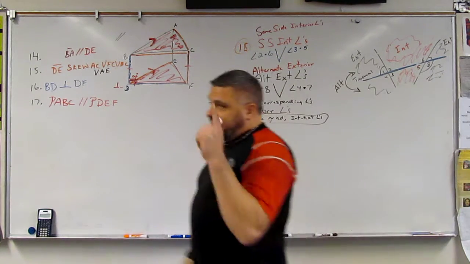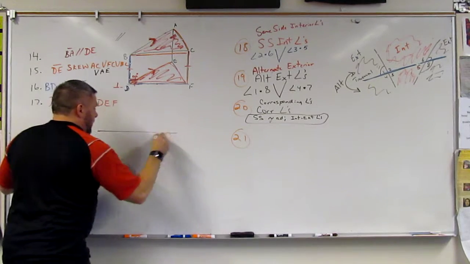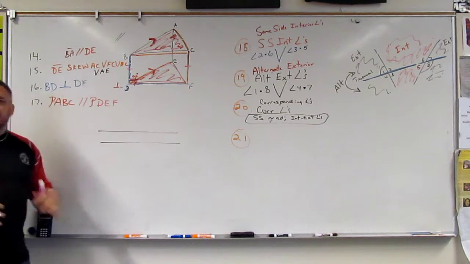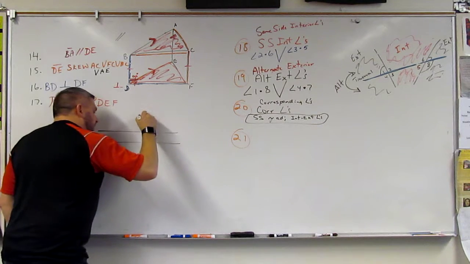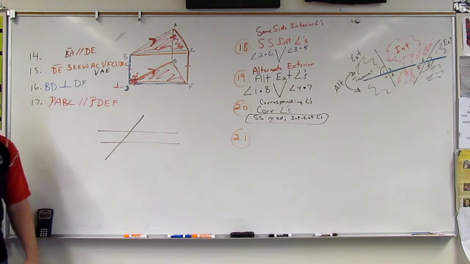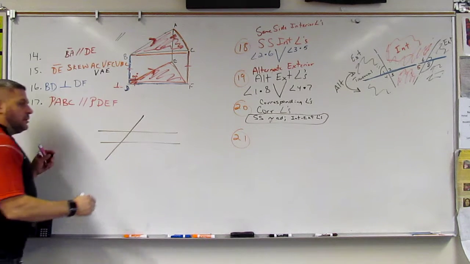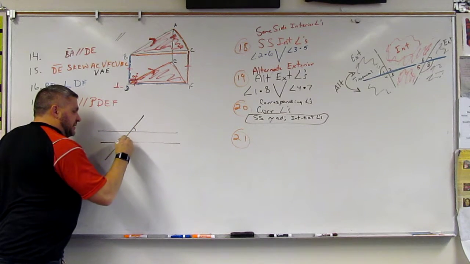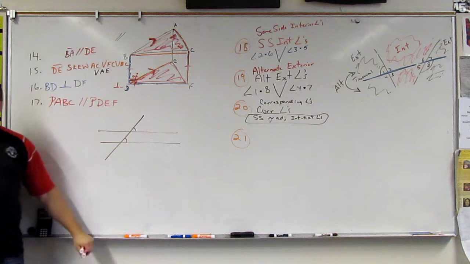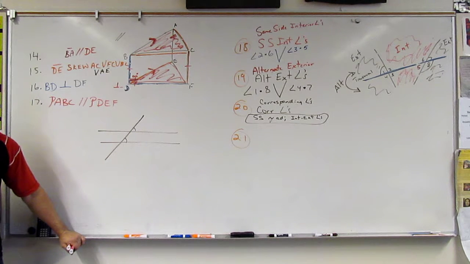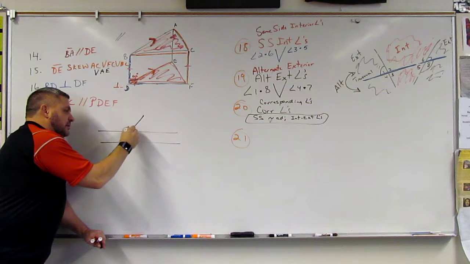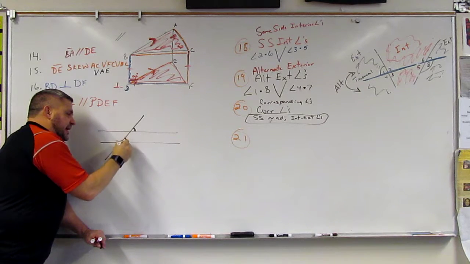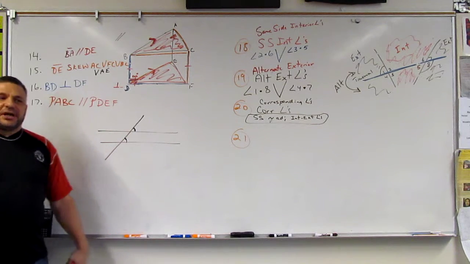Corresponding angles are like this. Let's say I have this block of wood. Right? And I make a cut. This angle and this angle are corresponding. So the angle to the outside and the angle to the inside correspond to each other.